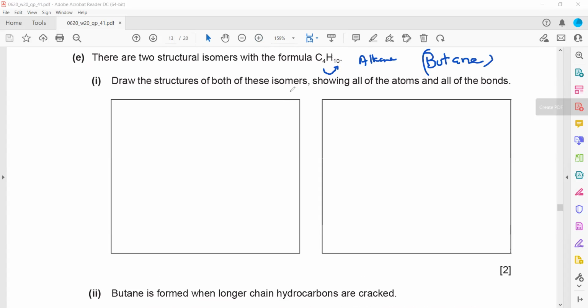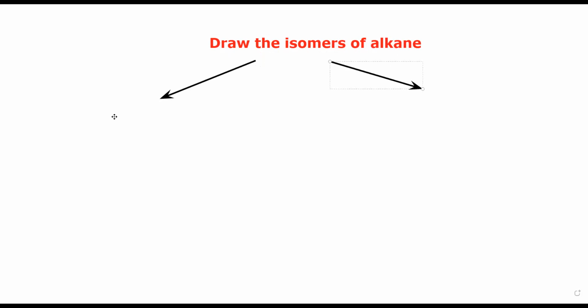Remember, whenever we are drawing isomers of alkane, how do we draw an isomer of alkane? There are two ways to draw. First one, we draw the straight chain. And the second one, we draw the branched one.